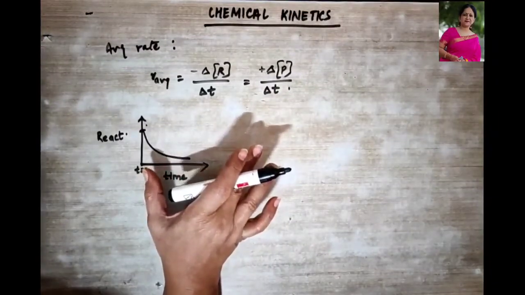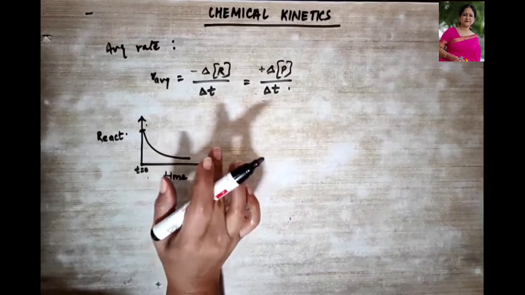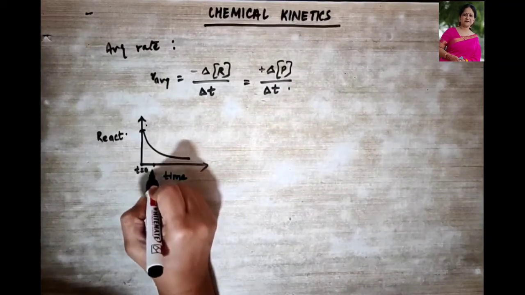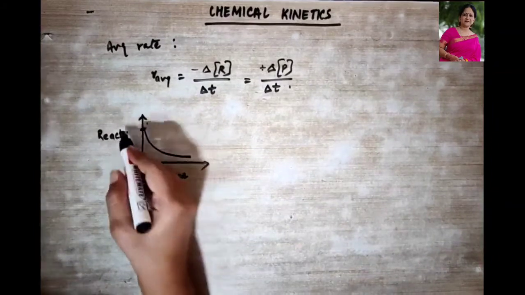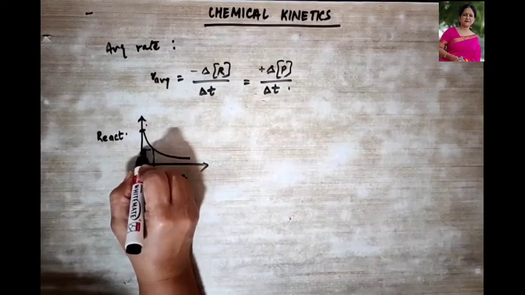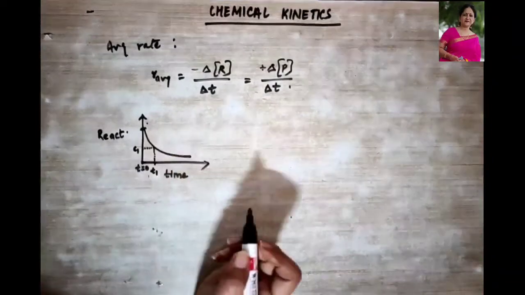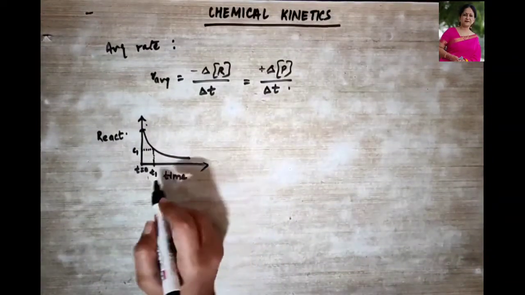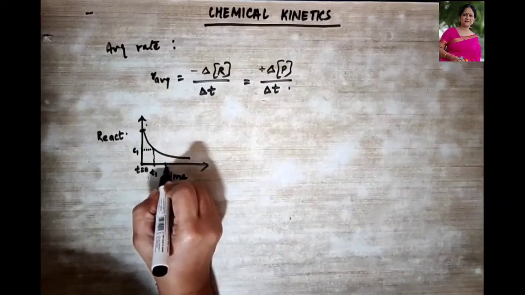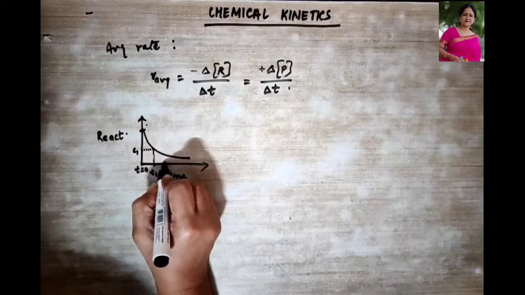This point is clear? Now, suppose this is the time T1, then what is the concentration of the reactant? Let us look over here. If this is the concentration, then C1 is the concentration of the reactant at the time T1. If it is T2, then let us look at the reactant.